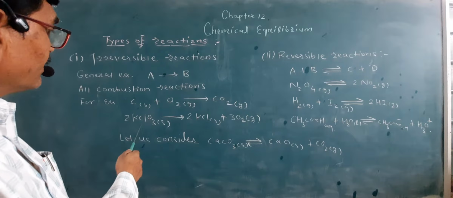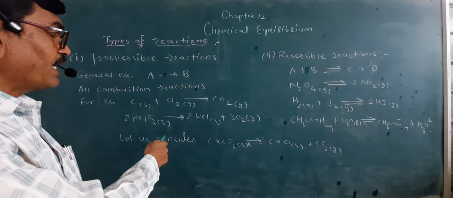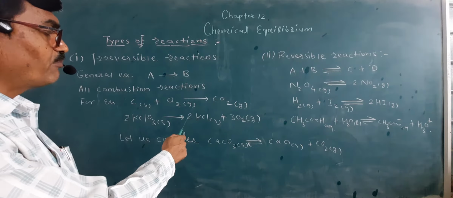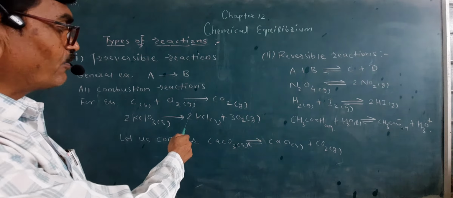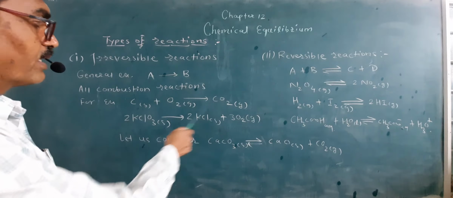For example, when solid carbon burns in the presence of oxygen gas, gaseous carbon dioxide is formed. These reactions are shown with the help of an arrowhead pointing towards the products. These are the reactants and these are the products, like this.